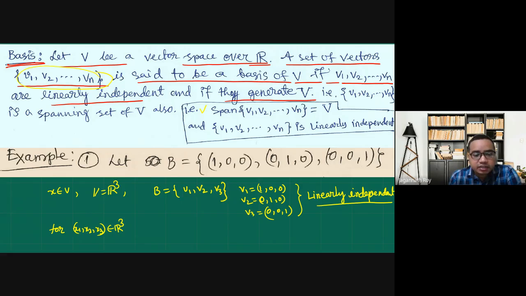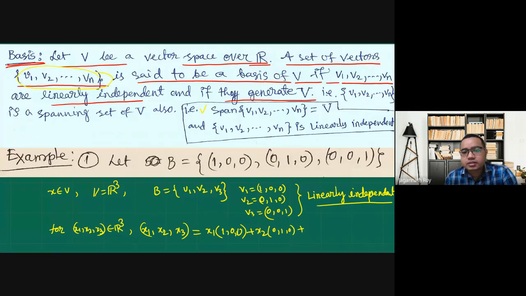For the second condition, any x1, x2, x3 belonging to R3 can be written as x1 into 1 0 0 plus x2 into 0 1 0 plus x3 into 0 0 1.